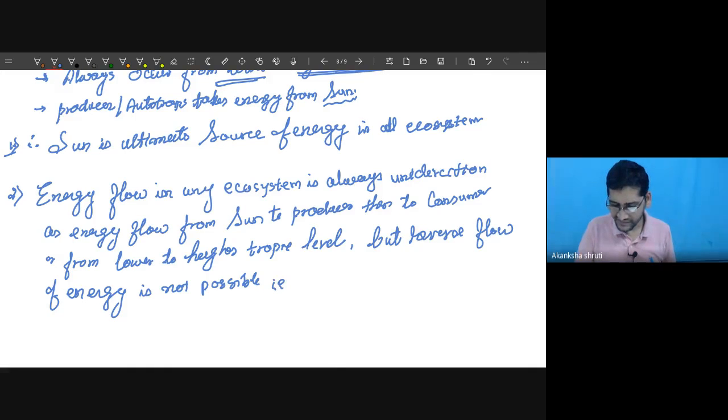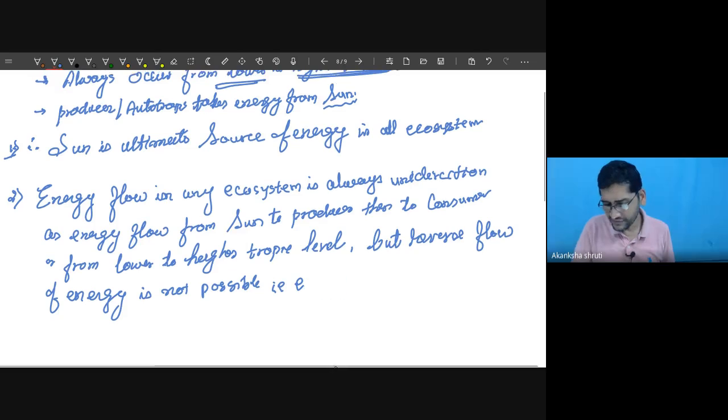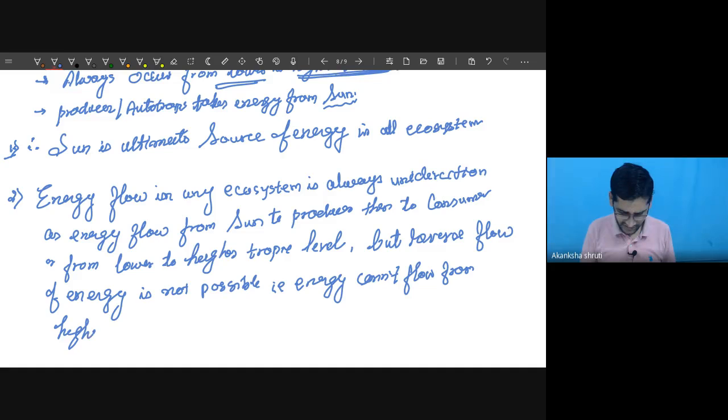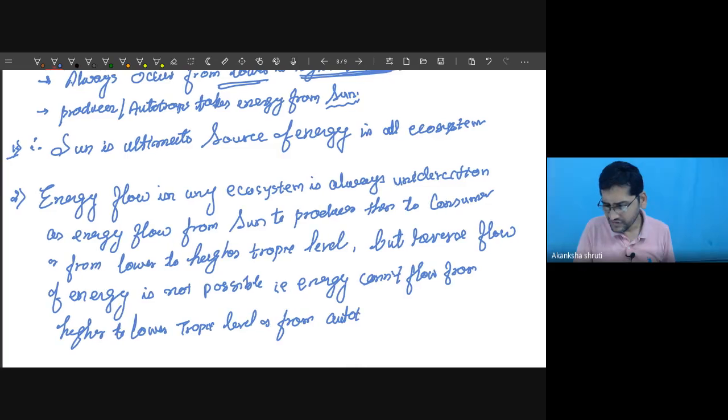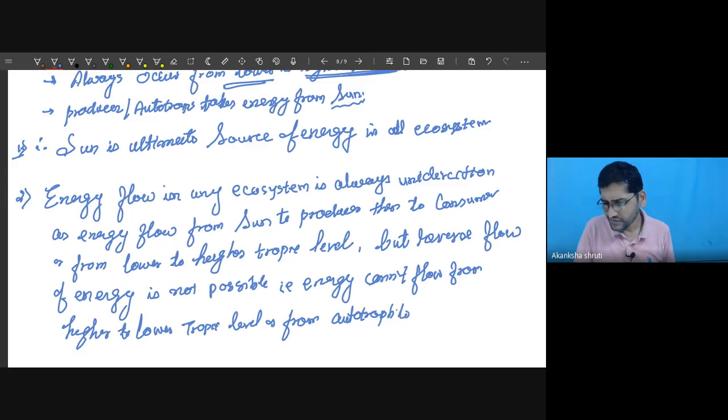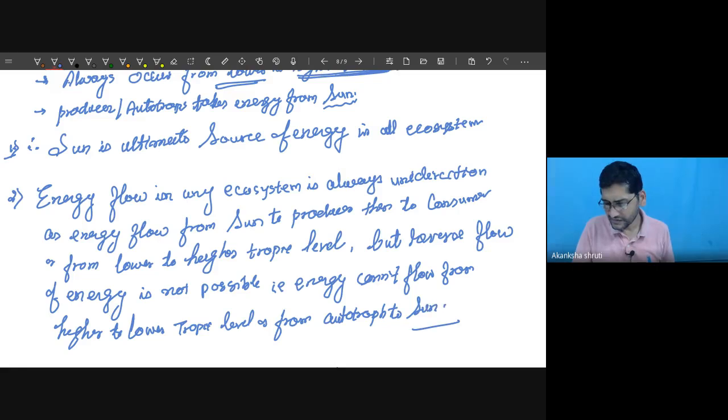That is, energy cannot flow from higher to lower trophic level or from autotroph to sun.